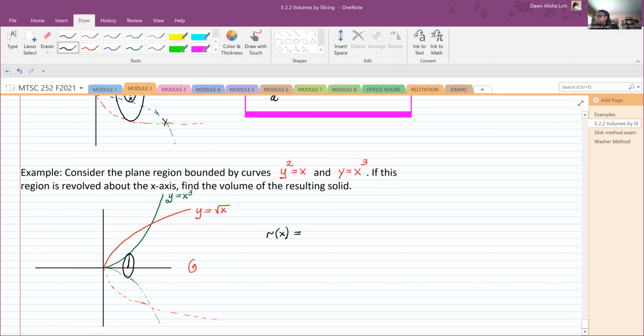is what? What is the radius of the small function?